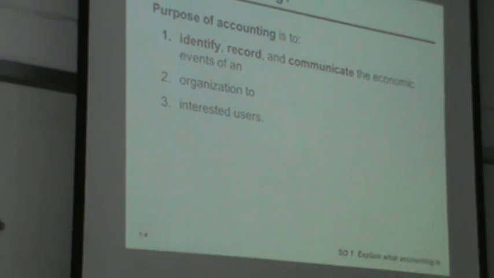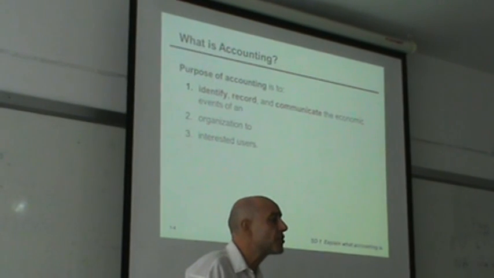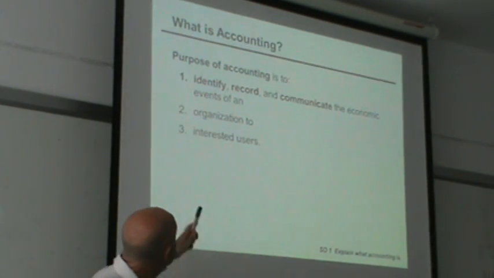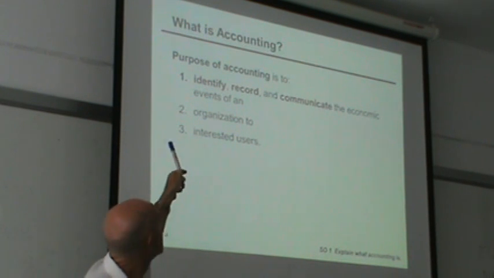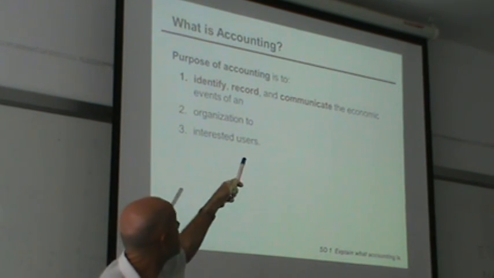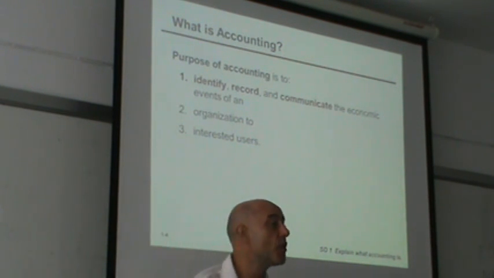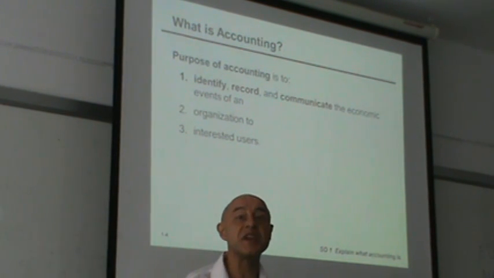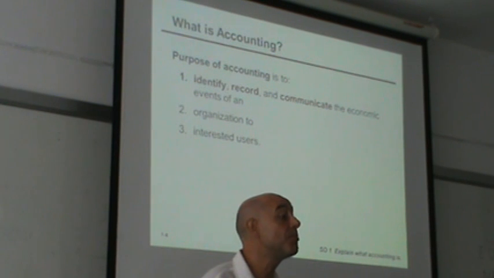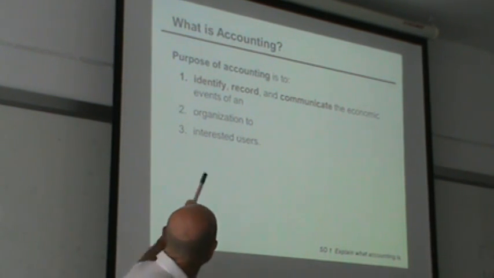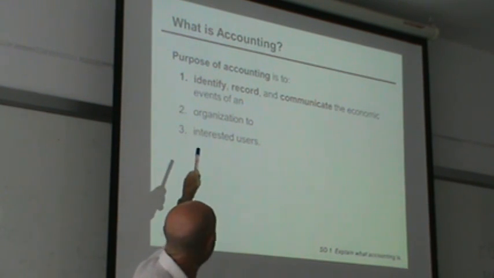And what is the purpose? What do we do accounting for? What's the goal of accounting? The goal of accounting is you want to identify, you want to record and communicate economic events. In other words, you want to communicate things which are important for an organization.